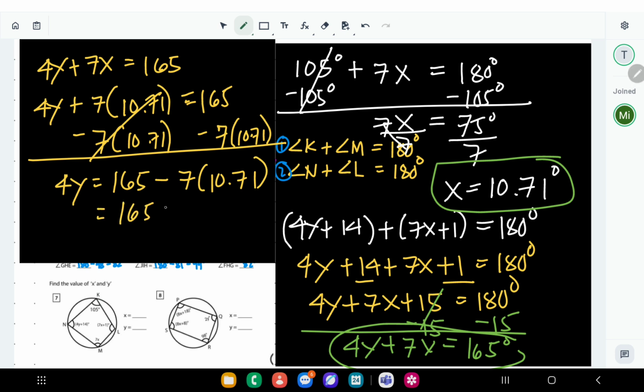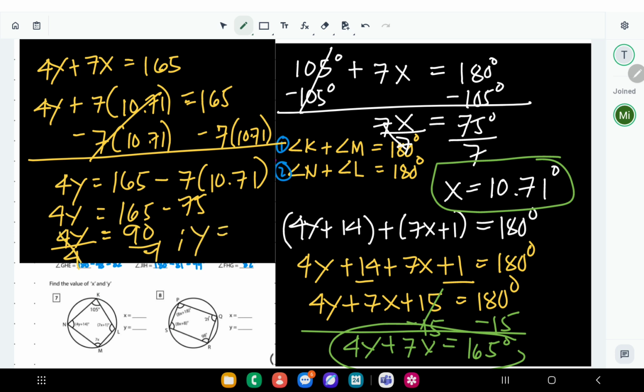Okay, so 165 minus 75. Is that 75? 10.71 times 7. Okay, then 165 minus 75 is 89 or 90. Then divide by 4.